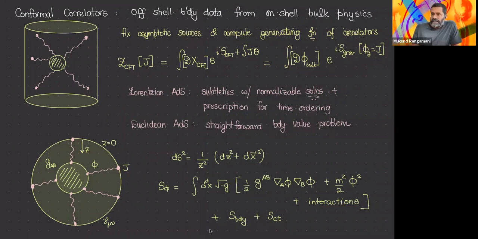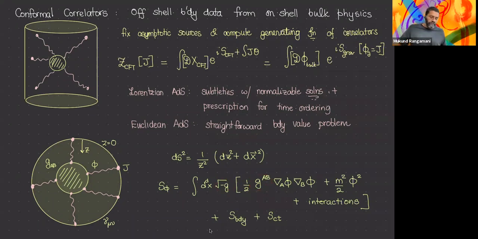So since I'm only talking about scalar fields, I'll have a single scalar field phi with some mass m, and I've written down the Euclidean action for it in AdS. For now, gravity is a spectator. So the only place where the fact that I'm in AdS enters is in the fact that I have the Klein-Gordon action in the gravitational background.